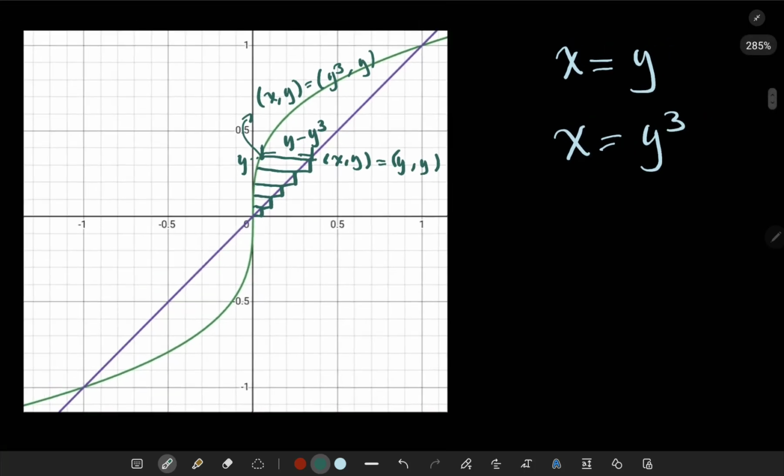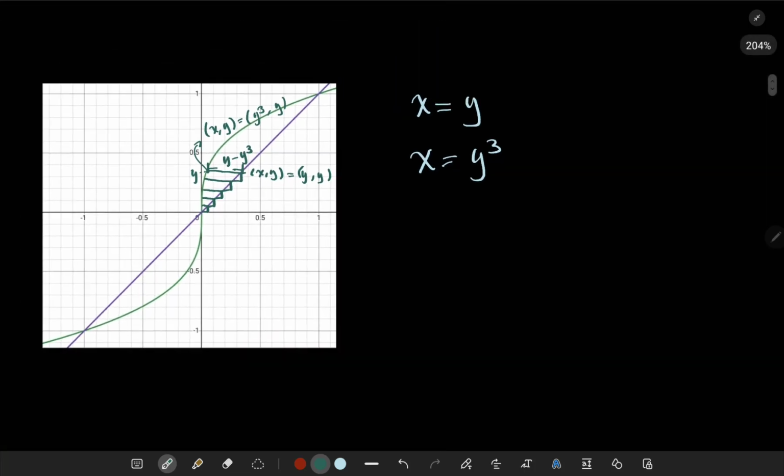And so what that tells us is that we can set up this integral. I'm going to do just this first area first, and I'm going to skip the calculation of the intersection points, which are between 0 and 1. That first area is going to be given as the integral from 0 to 1. The height, quote unquote, which is really the width of that rectangle, is given by y minus y cubed.